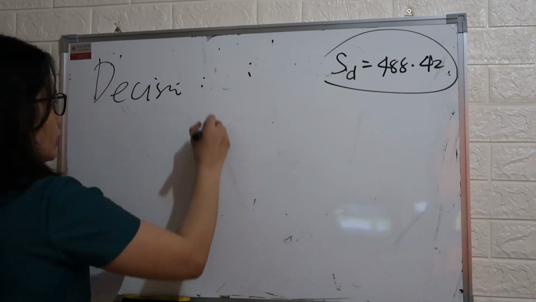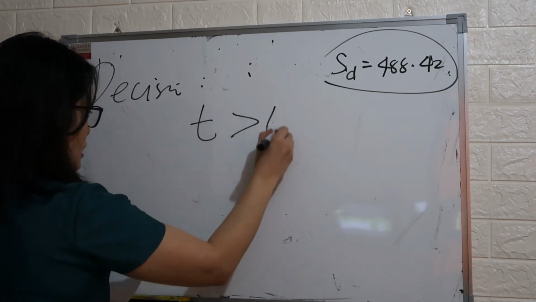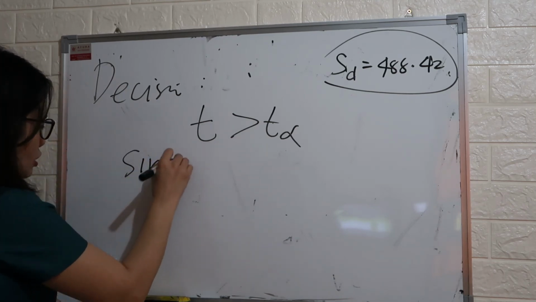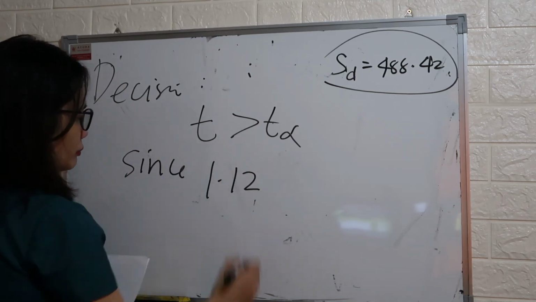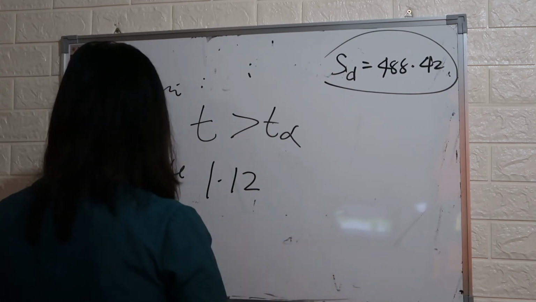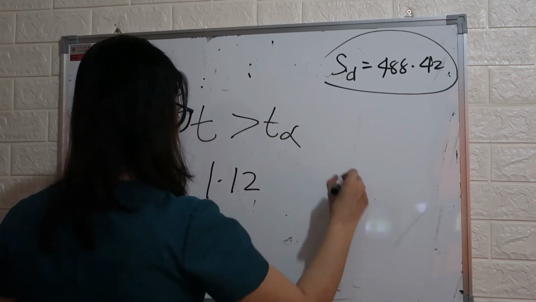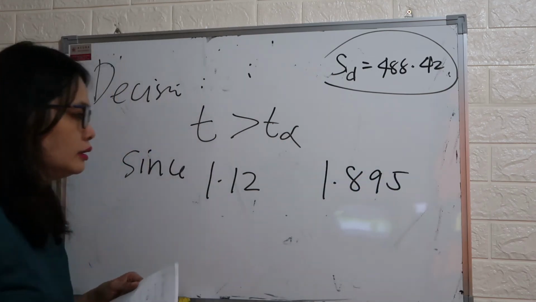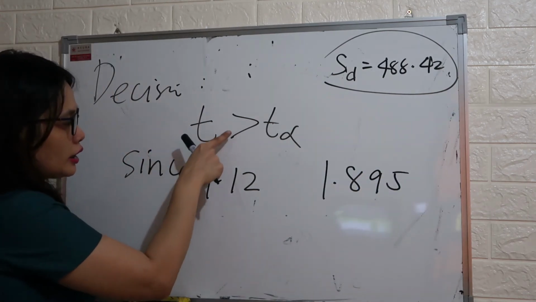You said that if t is greater than t alpha, you need to reject your HO. But your t-value is 1.12 and your t alpha is 1.895. So it is required that t is greater than t alpha.